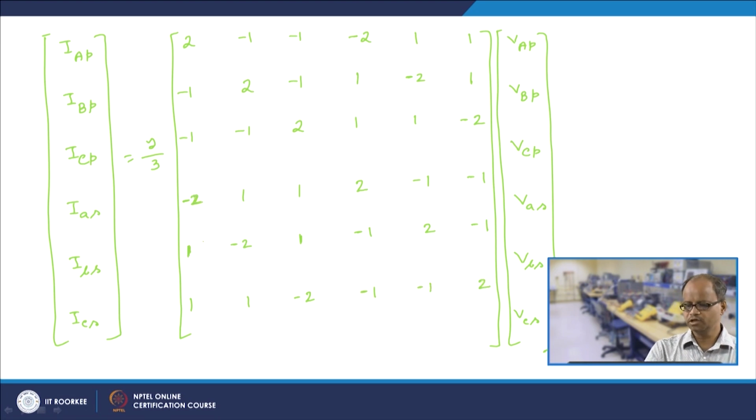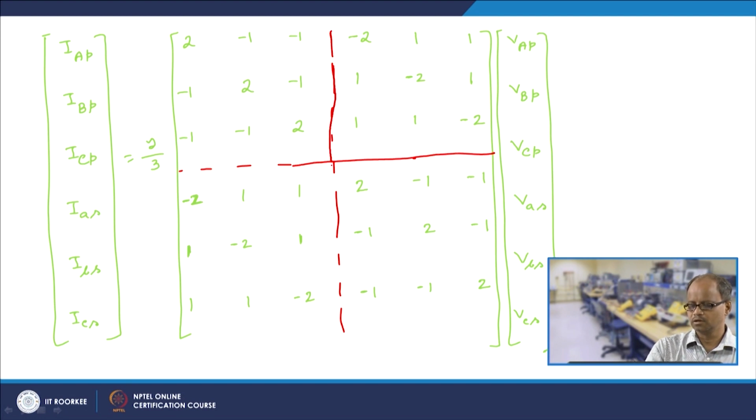So here again we do this partition, again here we do this partition, and this is Y1.